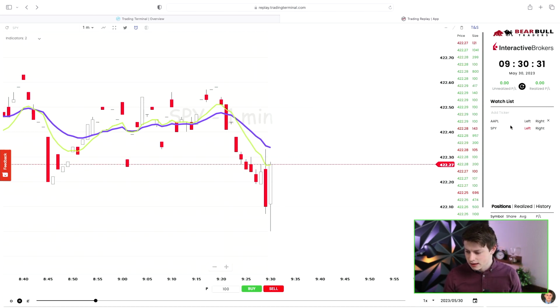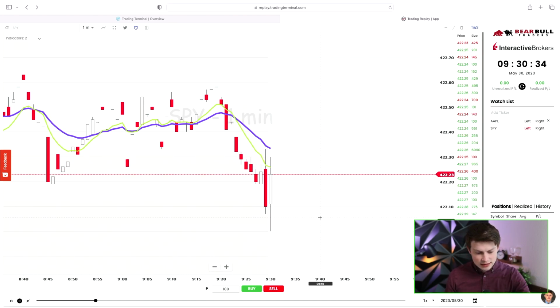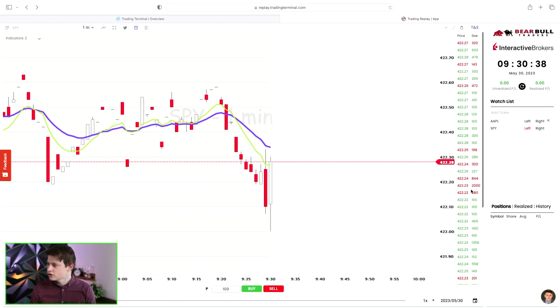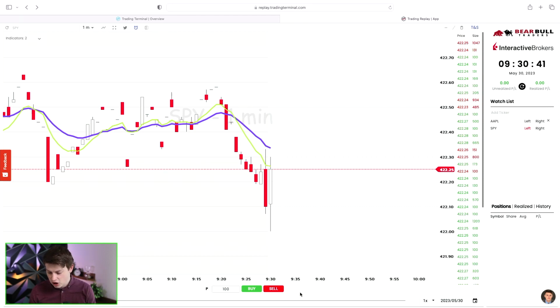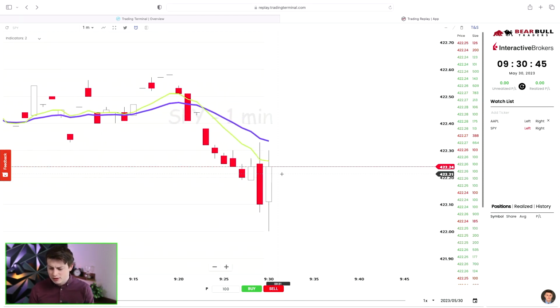So let's add on to our position here, and let me switch my camera. Okay, so you can see my positions in the window right here. So let's prepare our first buy of 100 shares. We see that it just crossed the 9, but I want to see it cross the 20 to get a little bit of confirmation.